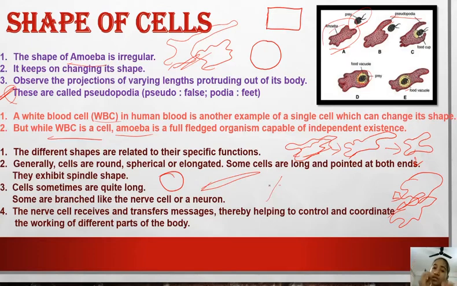Now why does this neuron or nerve cell have this kind of structure? Because the nerve cell receives and transfers messages, thereby helping to control and coordinate the working of different parts of the body. When you are going to take a message from one end to the other end, you must be long enough to carry and transfer the messages.